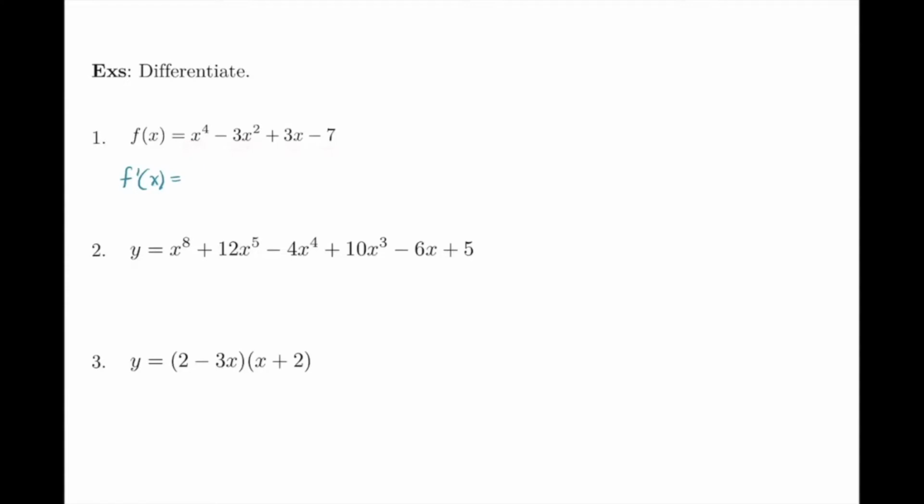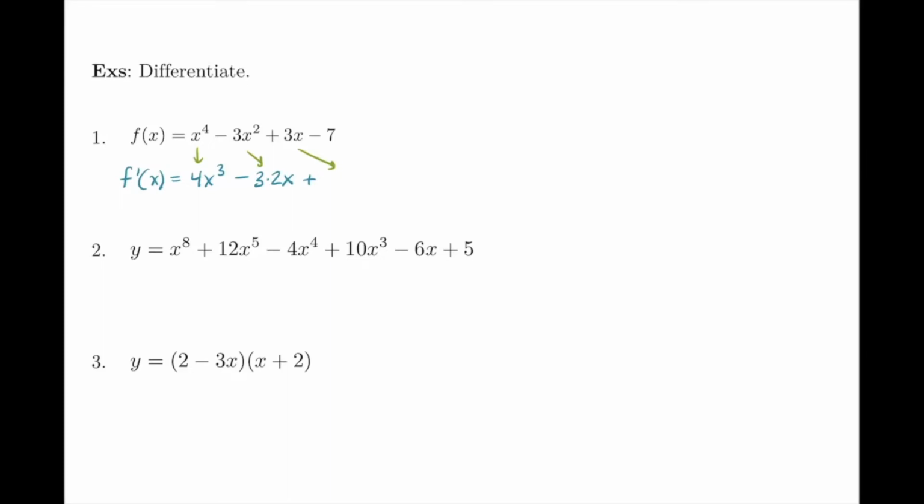pieces. So the derivative of x to the fourth will be 4x cubed. Then we have minus, that stays, this minus sign. We'll subtract the derivative of 3x squared. Well, that will be 3 times the derivative of x squared. The simple power rule tells us that the derivative of x squared will be 2x to the first. Then we keep this plus, and we add the derivative of 3x.